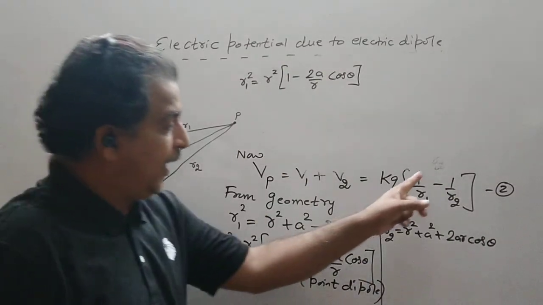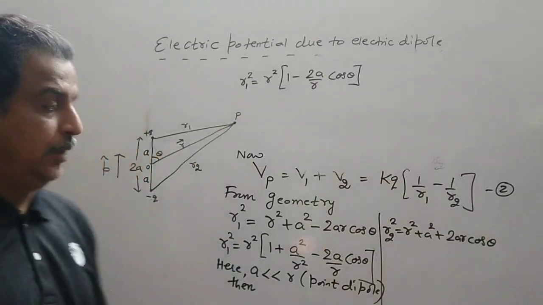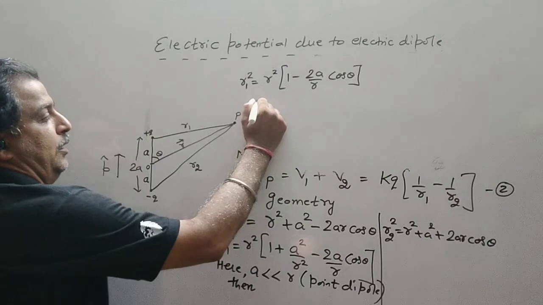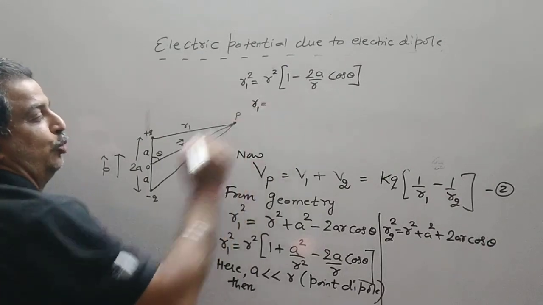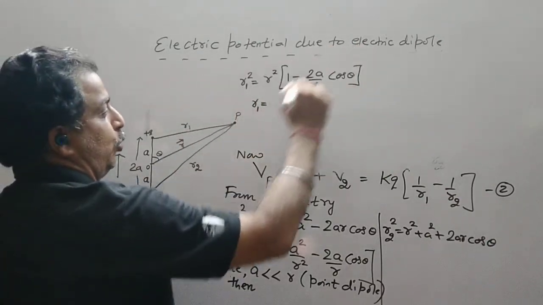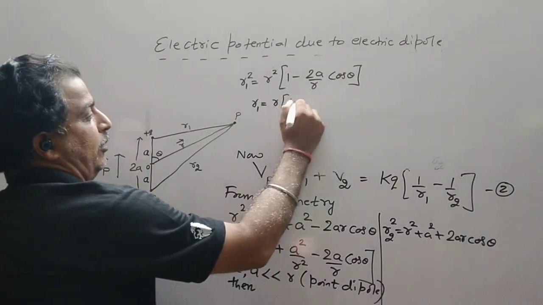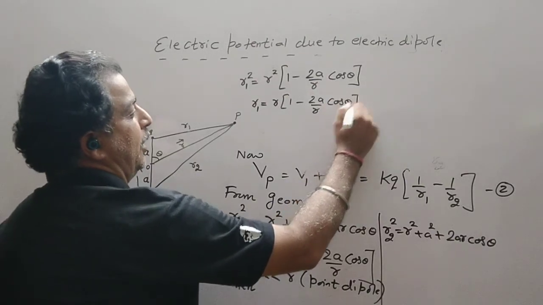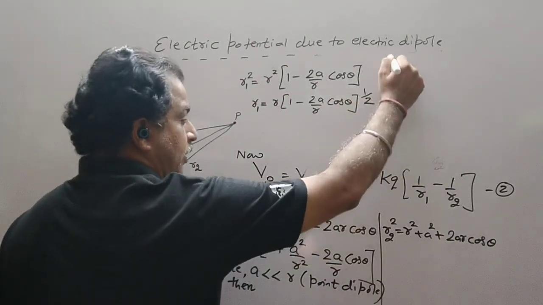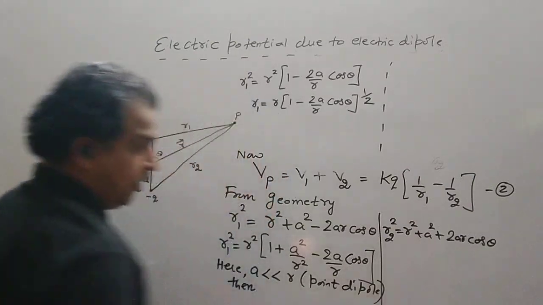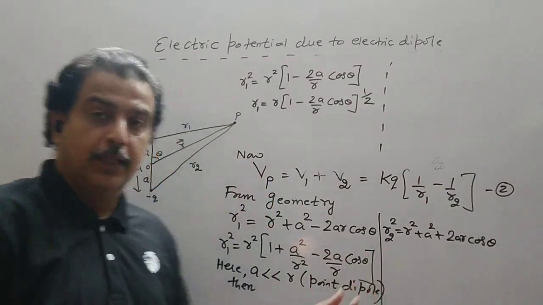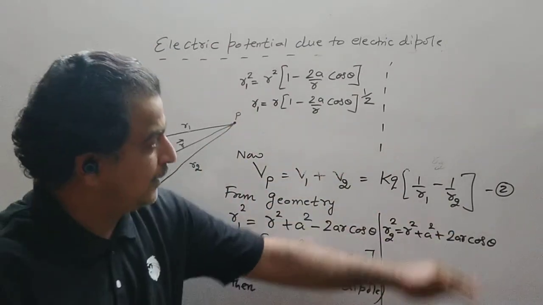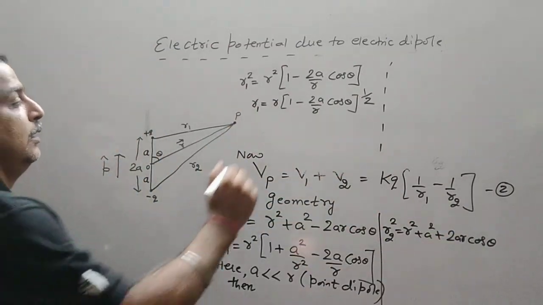Now I need 1 upon R1. So R1 is equal to, now I have to take the square root, R times 1 minus 2A upon R cos theta, whole raised to power half. Similarly, you do this calculation, take out common R square. Instead of this minus sign, there will be a plus sign only. That is left as an exercise.